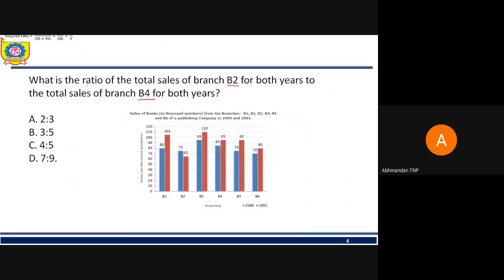The first question is asked on the basis of ratio. The ratio of the total sale of the branch B2, so this is B2, for both years, 2000 and 2001, to the total sale of the branch B4. This is B4.